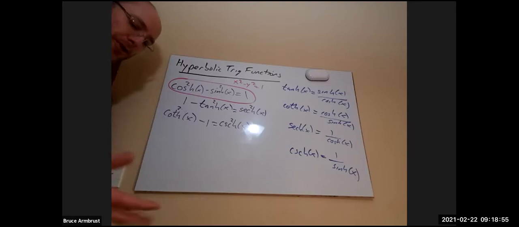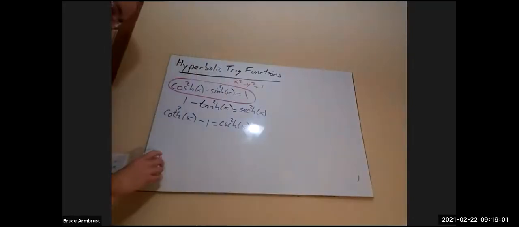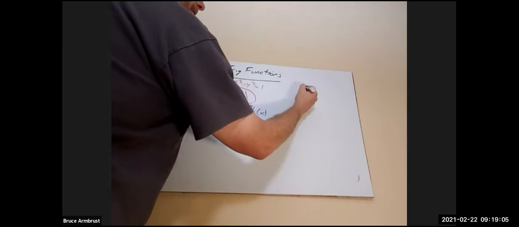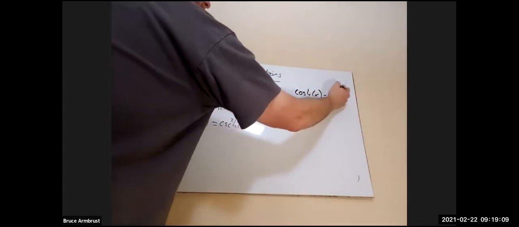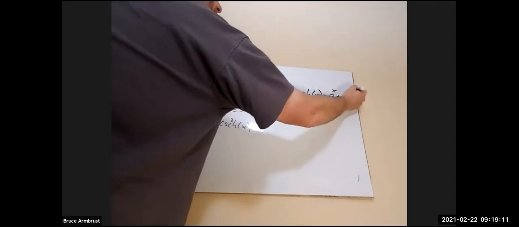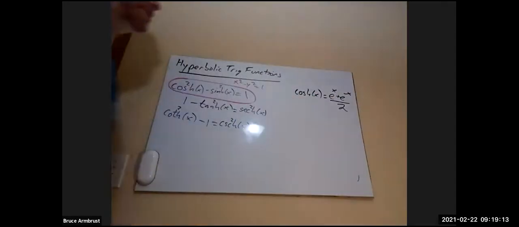I'm not going to show you where this comes from, but I'm going to give it to you. So it turns out that if you were to look at cosh, it's actually equal to e to the x plus e to the minus x over 2.